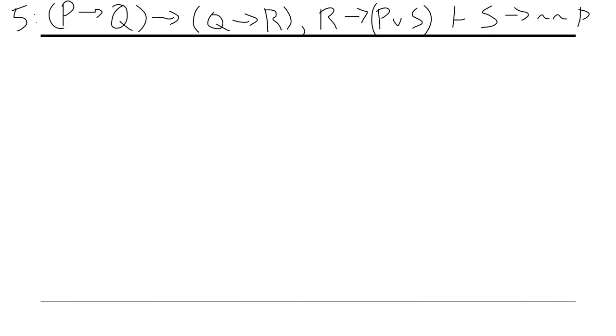On to number 5 here. So same process as before. P, Q, and then that. Something tells me this one's going to be quite branchy. So there are a lot of conditionals in here.